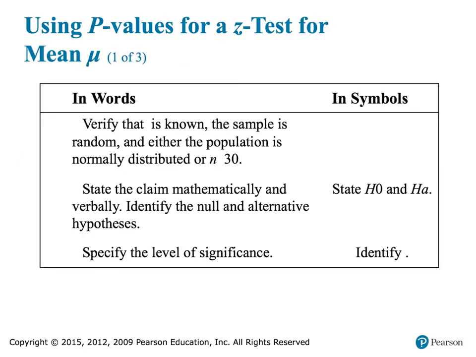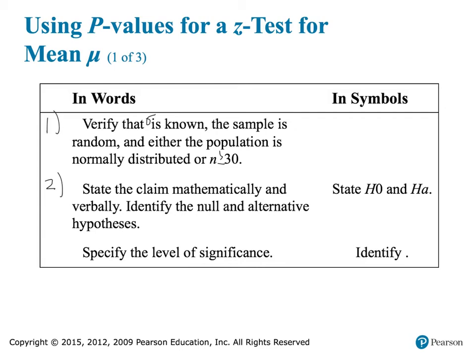So what we want to be able to do is, 1, verify that sigma, our population standard deviation, is known, that 2, the sample is random, and that 3, either the population is normally distributed or n is at least 30. Second, we want to state the claim mathematically and verbally.